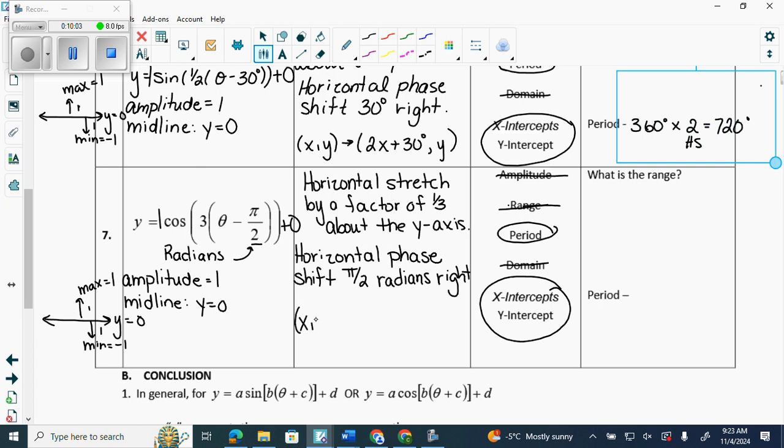My mapping is going to be x, y becomes, remember words in mapping are in a heart, correct? So my x, y is going to become 1/3 x plus pi over 2, because words in mapping are the same, comma y.